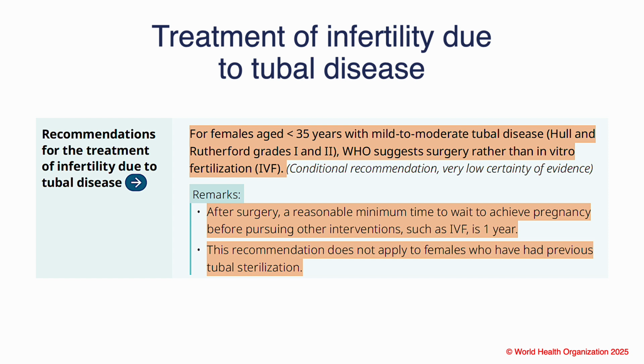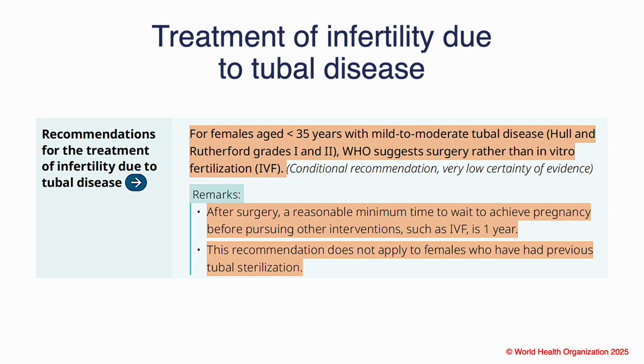Treatment of infertility due to tubal diseases. For females aged less than 35 with mild to moderate tubal disease, there is the Rutherford classification which checks the tubal anatomy. It is dependent on the tubal anatomy, the patency and the potency of the tubes, and it has grades 1, 2, 3, 4.